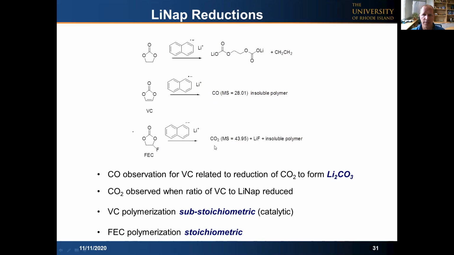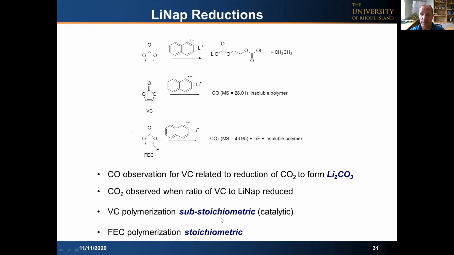Now with FEC, we observed the same carbon monoxide along with a lot of lithium fluoride and the same insoluble polymer. What was interesting with this is that we realized we could add a sub-stoichiometric amount of lithium naphthalene to VC and get all the VC to polymerize. While in the case of the FEC, we needed one equivalent of lithium naphthalene per one equivalent of FEC to polymerize the entire reaction.